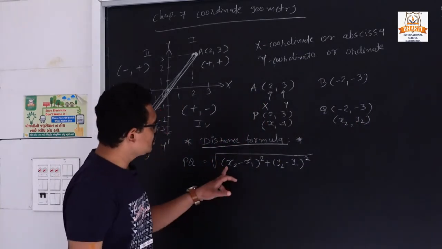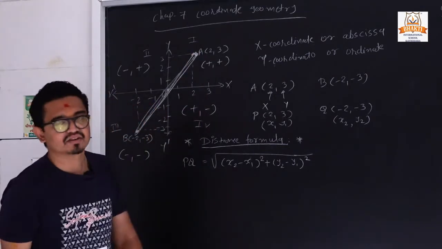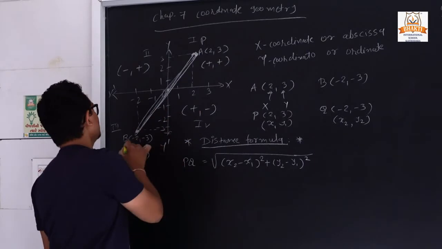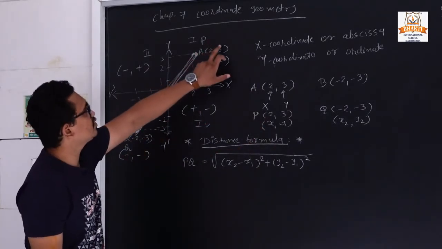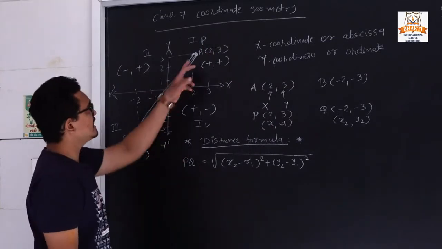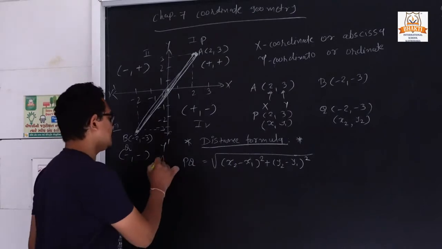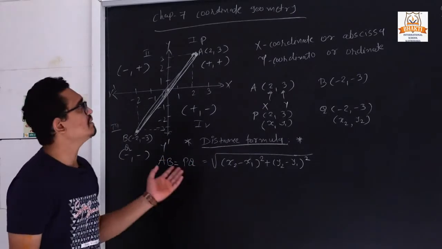Suppose we want to find the distance between these 2 points, P and Q. Suppose P is equal to 2, 3 and Q is equal to minus 2, minus 3. We can also declare them as A and B, so we can write AB is equal to, with the same formula. We can use any alphabets.